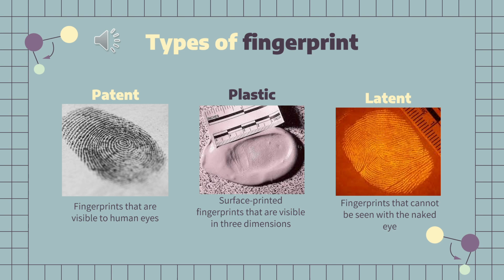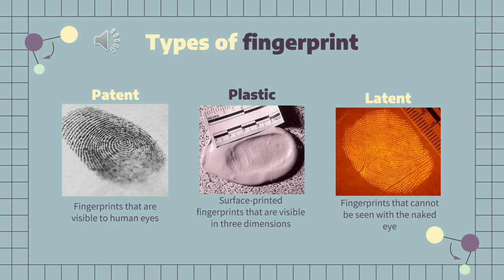Patent is fingerprints that are visible to the human eyes, usually imprinted on dust, walls, or water. Plastic is usually surface printed fingerprints that are visible in 3 dimensions. Usually it means that the fingerprint is imprinted onto dirt or plastic, clay, or cloth.